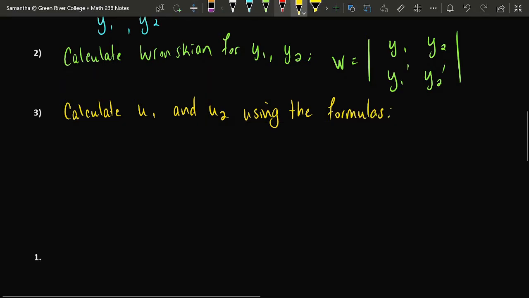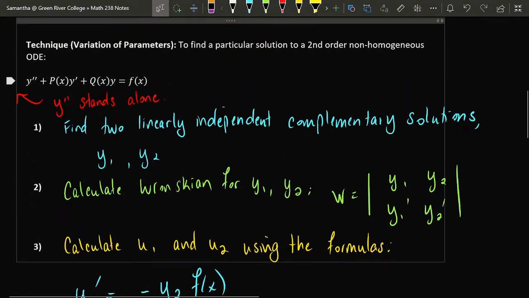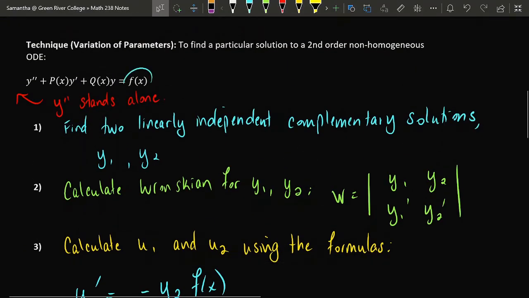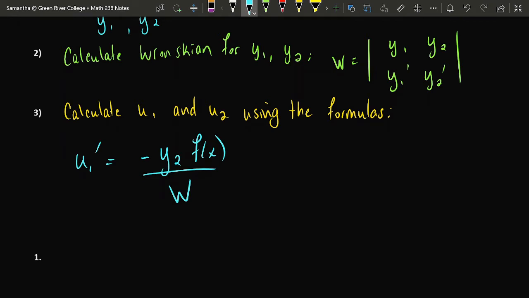The formulas that you need are that u1 prime is going to be equal to negative y2, y2 being your second linearly independent function, times f of x, being the function on the far right side of your ODE, and divide that quantity by the Wronskian that you calculated in step number 2.